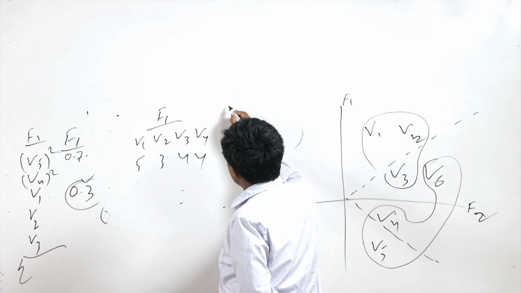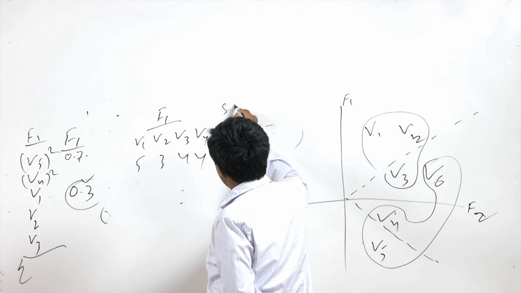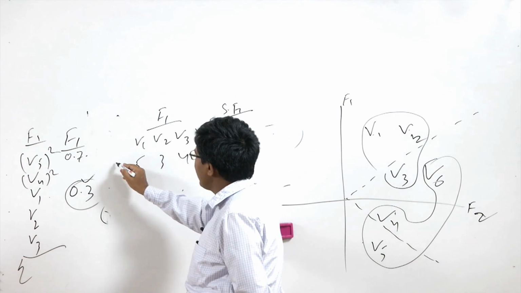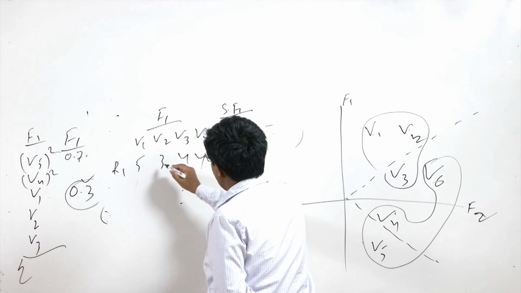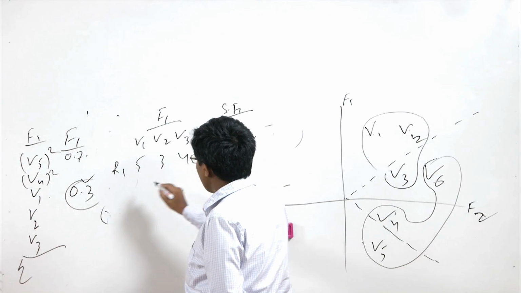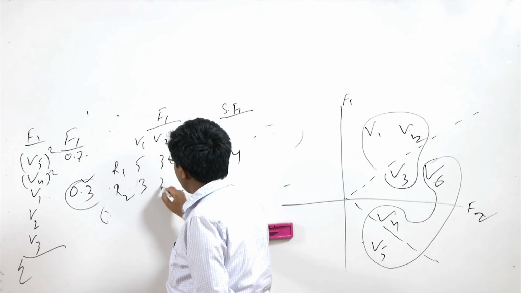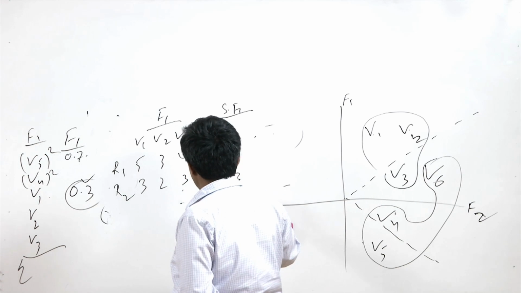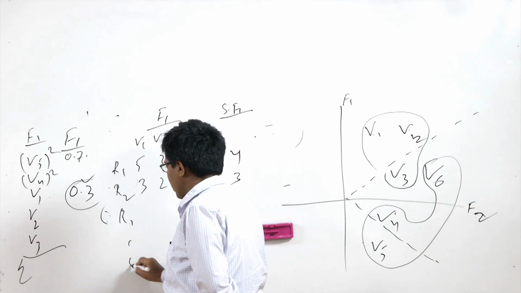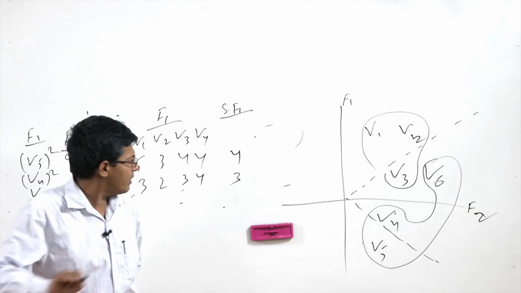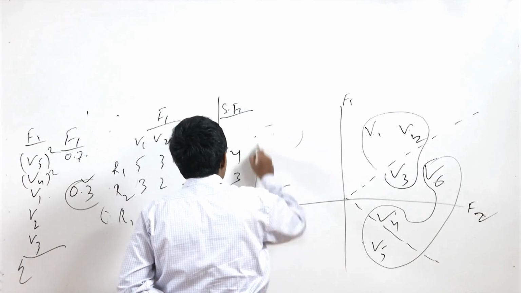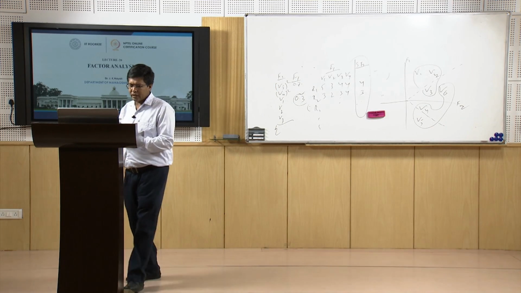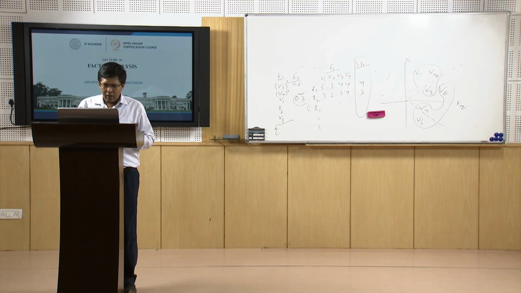If I want to take a summated scale of factor 1, it will be computed for respondent 1, then for respondent 2, and so it goes on. And this value is a highly efficient and highly utilizable important value to us.